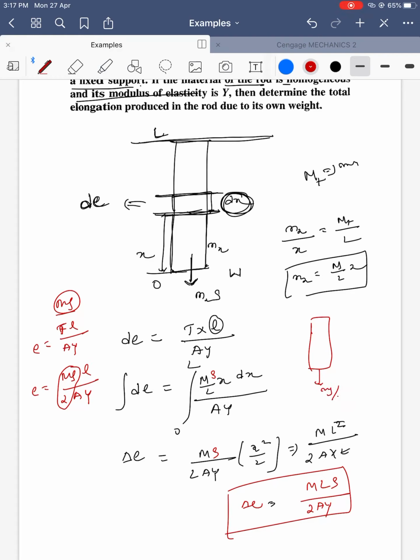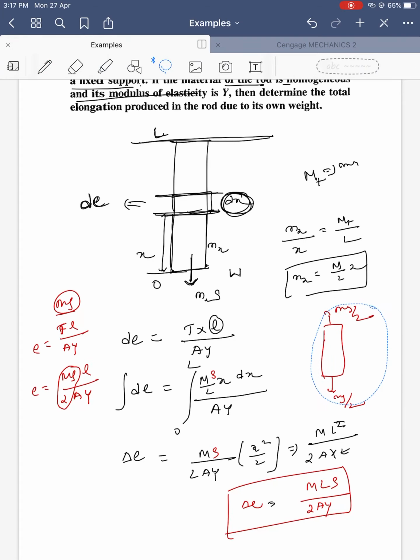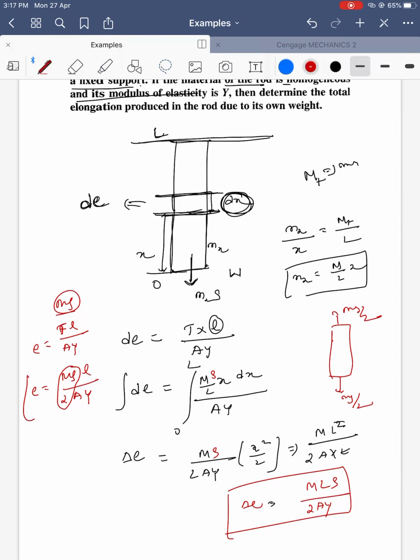It's a shortcut, understand? It's not the method. If it is due to its own weight, you can directly use force mg by 2.